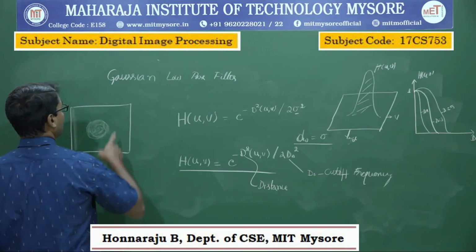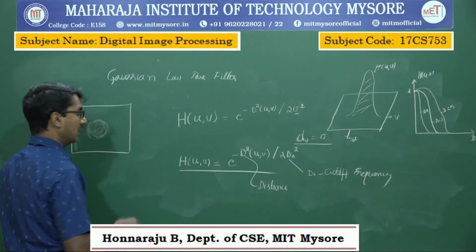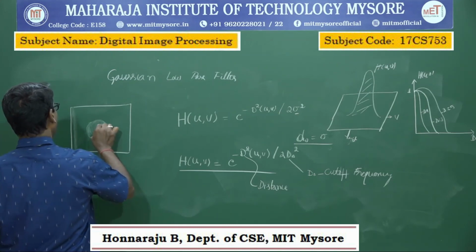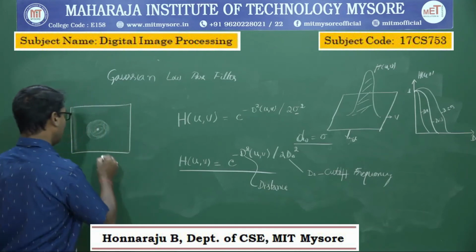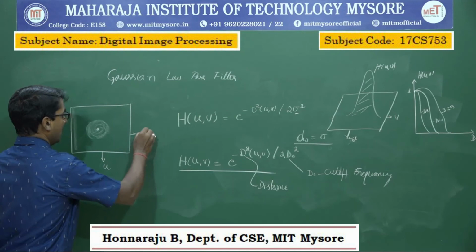But in the Butterworth low pass filter and the Gaussian low pass filter, the center value starts with 1 and slowly changes to 0. This is U and V.